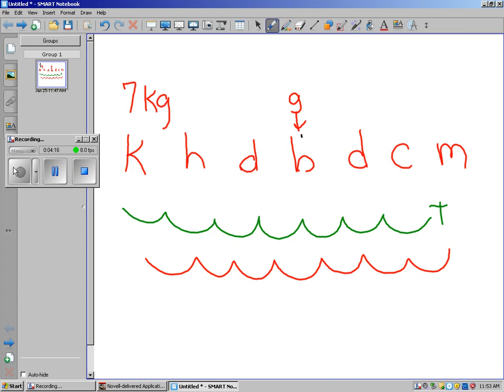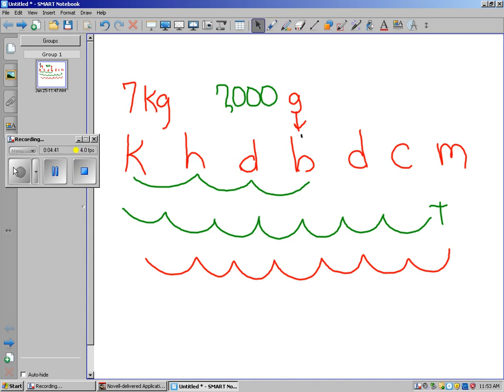I'm moving to the right. How many spaces to the right am I moving? How many units to the right? 1, 2, 3. Since I'm moving 3 spaces to the right, I need to add 3 zeros to my original number. There are 7,000 grams in 7 kilograms.